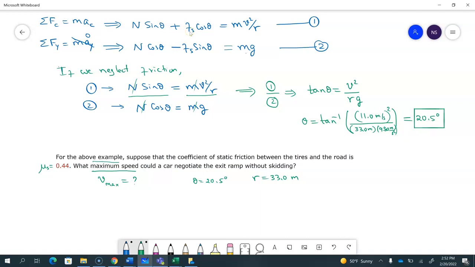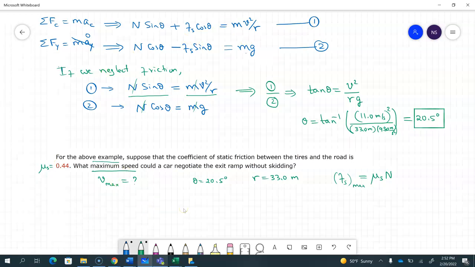So the static friction can take a range of values, 0 to a maximum, and Fs max is given by mu sub s times the normal force. So we are going to substitute that mu s times normal force into the Fs in your equations 1 and 2, and we'll write these down here, right?